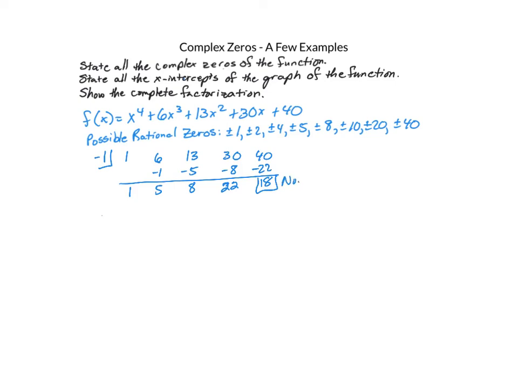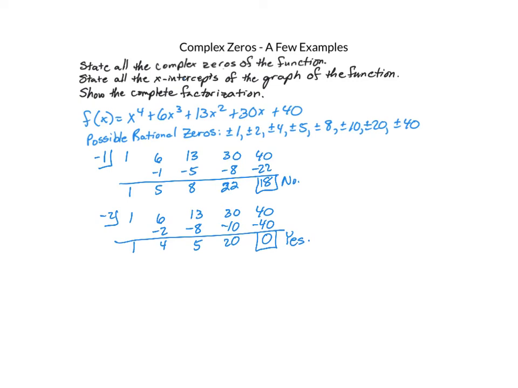Let's move on to -2. Let me write down my coefficients, and here we go again. Bring down the 1, multiply and add, multiply and add, multiply and add, multiply and add. Ooh, now we do have a 0. -2 is a 0 for this polynomial function.